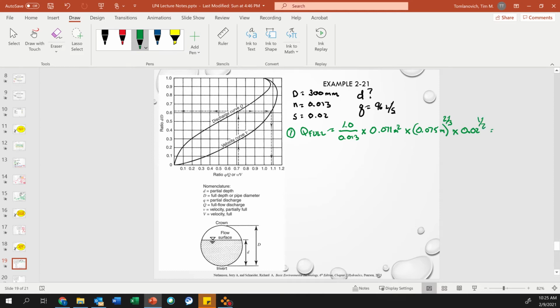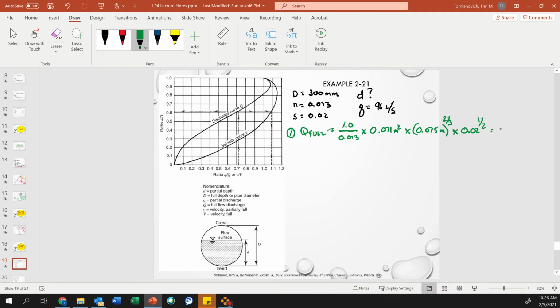So that's our first step. So 1 divided by 0.013 times 0.071 times 0.075 raised to the 2 divided by 3 times 0.02 raised to the 0.5 equals.